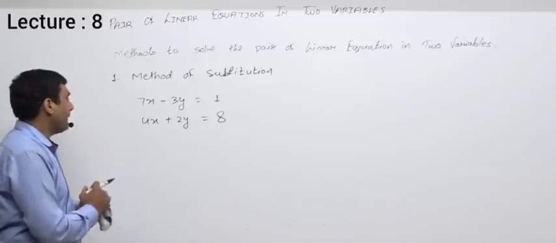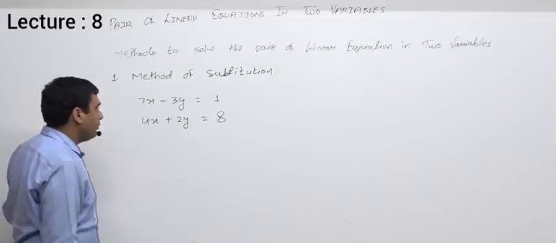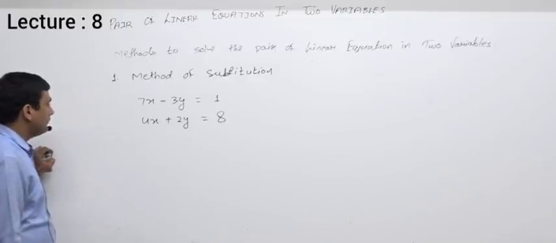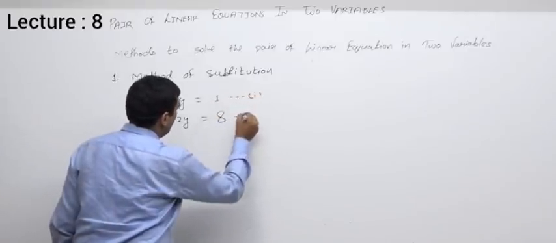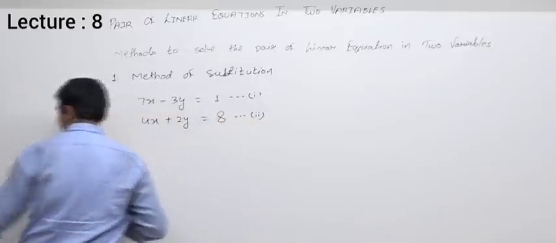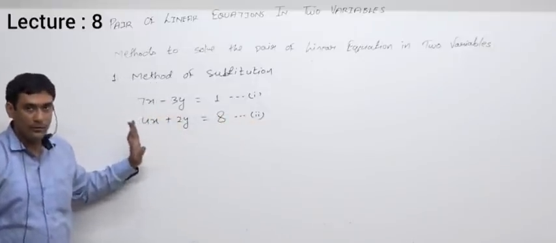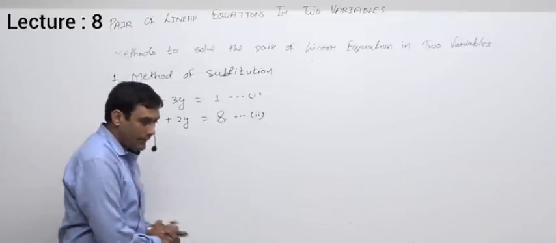Okay, 7x minus 3y is equal to 1 and 4x plus 2y is equal to 8. Now we'll solve this pair of linear equations again with the method of substitution. Now here the coefficients of x and y are not 1. Nothing to worry, we have to follow the same set of steps.